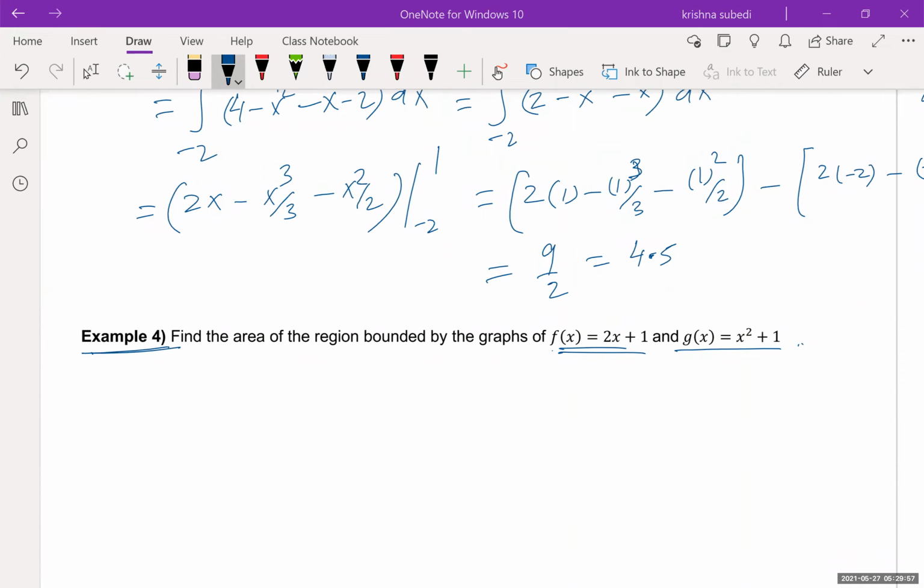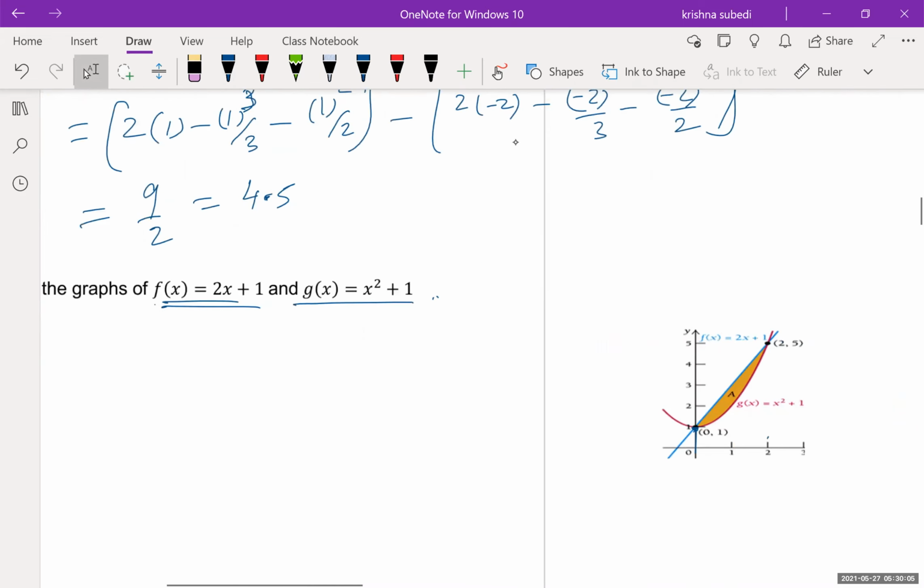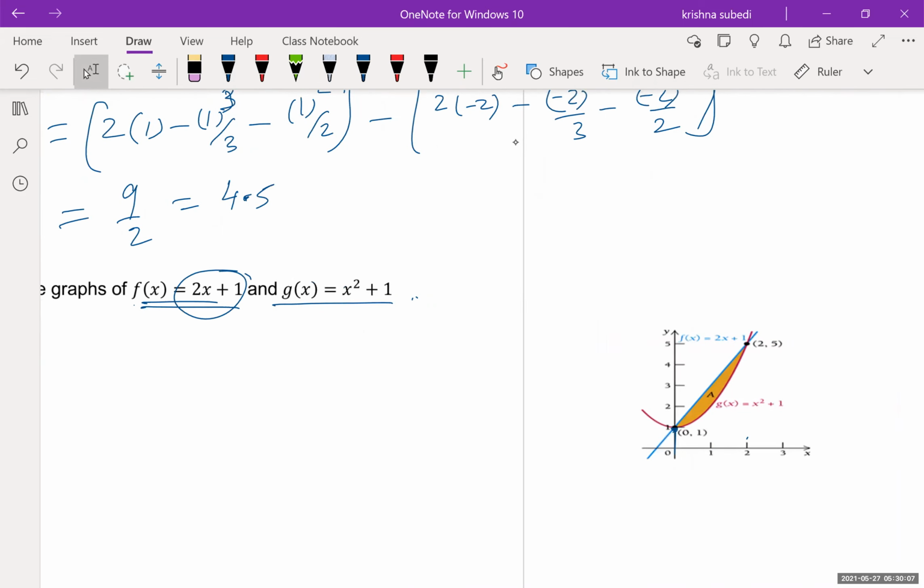So to find the interval, let me just draw the graph, because drawing the graph of these functions is not that difficult. They are pretty straightforward, simple functions. If I draw the graph, notice that this is my g of x, because g of x is a parabola opening up, and this is my f of x, which is a straight line.